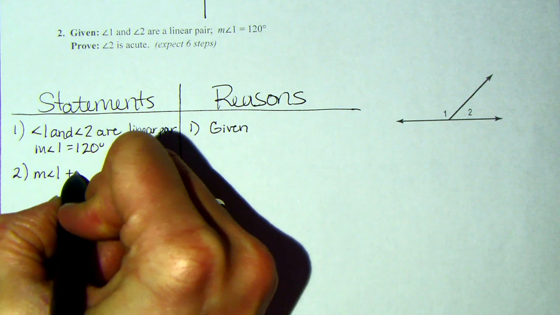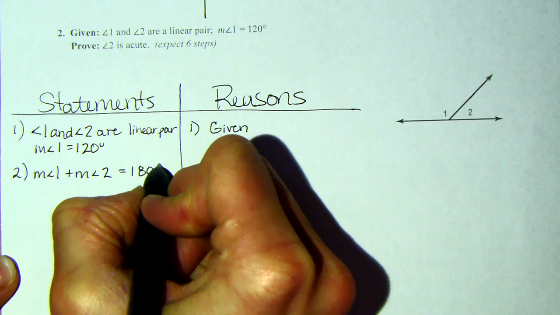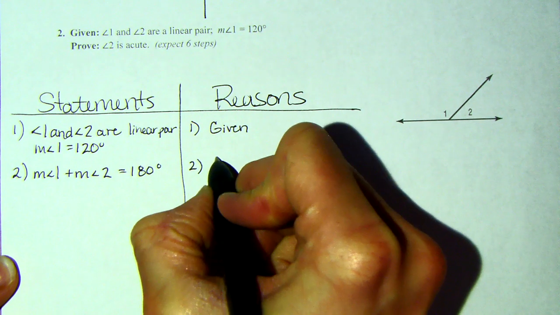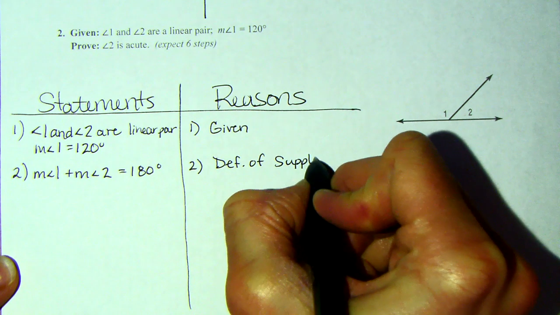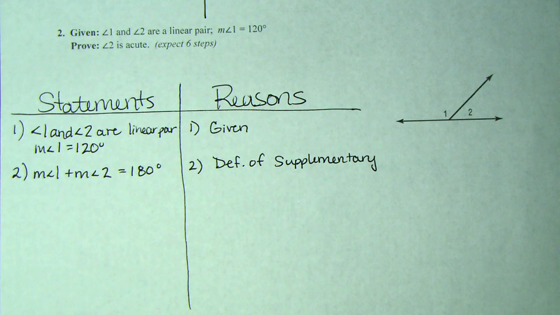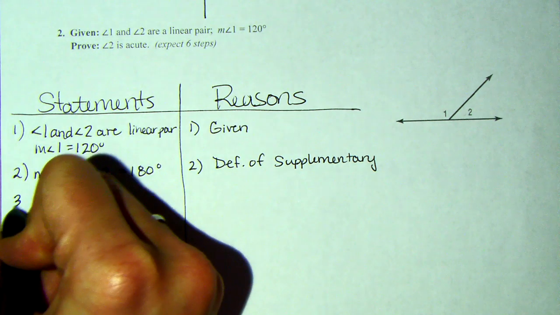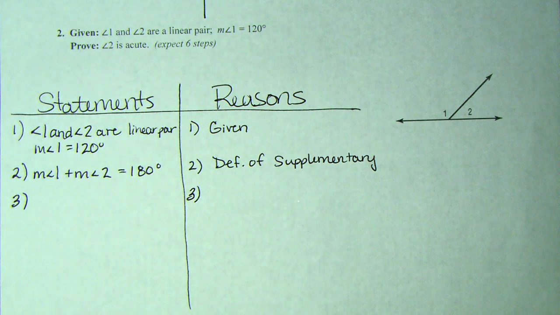Measure of angle 1 plus measure of angle 2 equals 180 degrees. Definition of supplementary. If you wrote supplementary angles, I'd be okay with that.